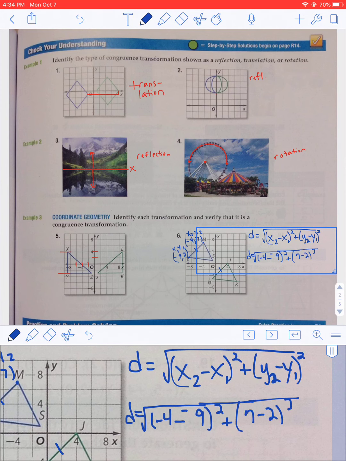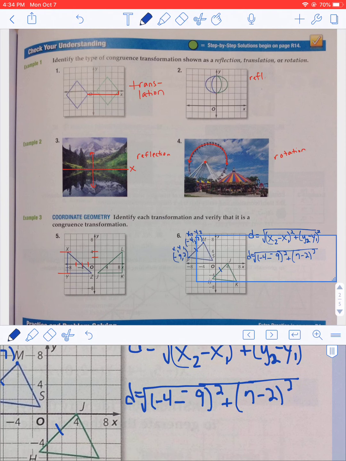Then you just have to be real careful with your math. Negative 4 minus negative 9 is actually negative 4 plus 9. So that'd be 5 squared plus 5 squared. So that's going to be the square root of 50.